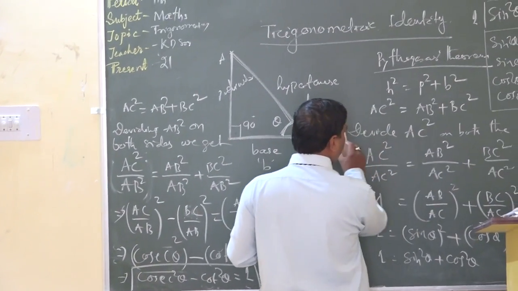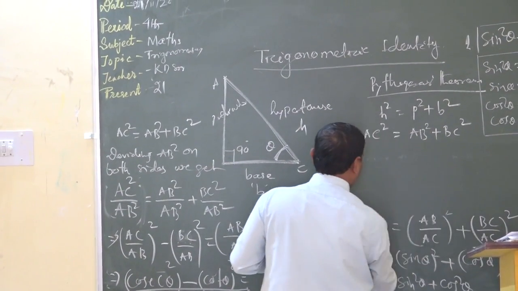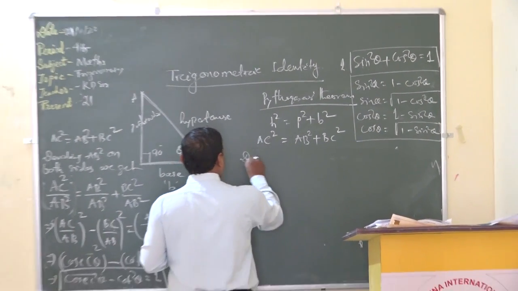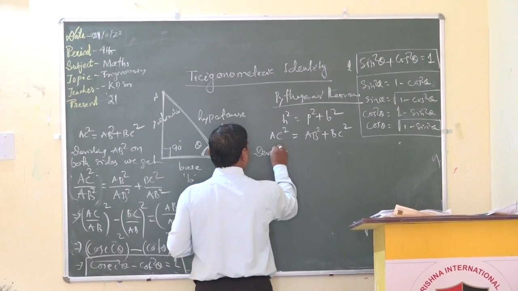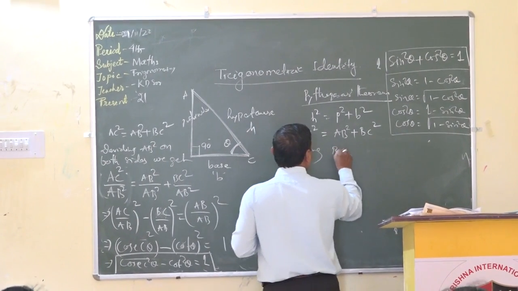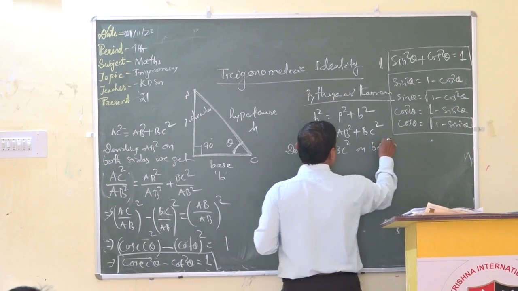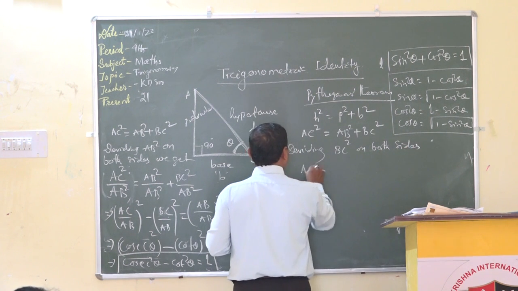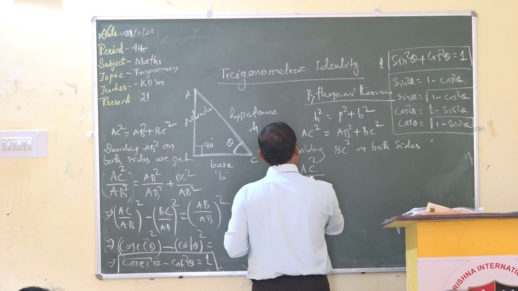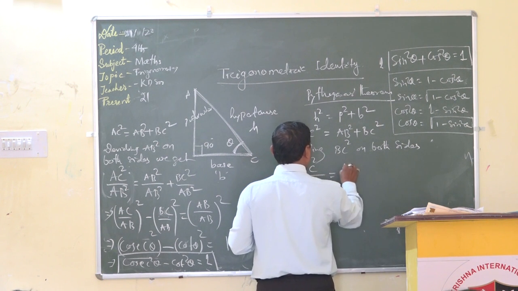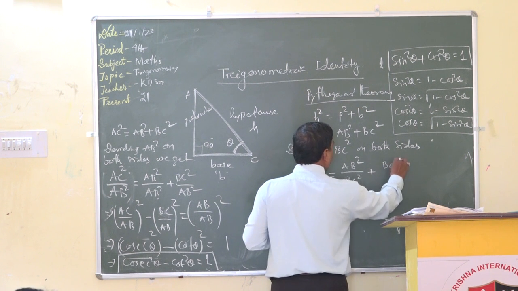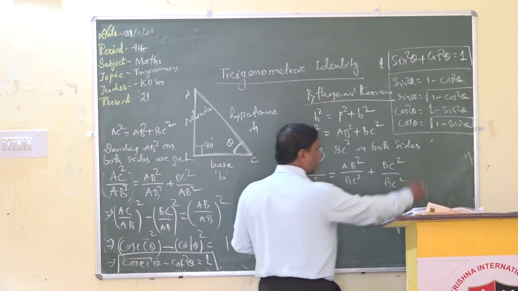So I am erasing this for your convenience. Dividing BC square on both the sides. AC square by BC square is equal to AB square by BC square plus BC square by BC square.